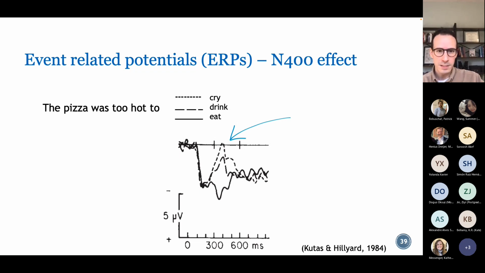It's difficult to access in this context because it's not predictable. And so the negative-going peak in voltage here for "cry" reflects that difficulty in an N400 component, indicating that that verb was relatively harder to access relative to "eat" and even "drink," which is semantically related, even if not a good choice in that context.